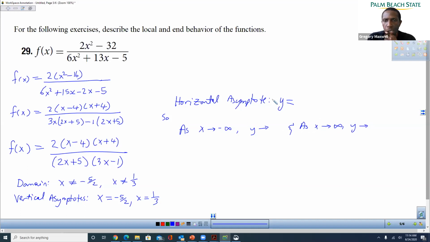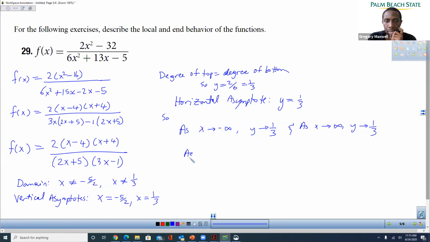What is the horizontal asymptote, folks? 1/3, that is correct, because the degree of the top equals the degree of the bottom. So y equal to 2 over 6 equal to 1/3. Now that means as x goes to the left or to the right, the y value will level off at 1/3.